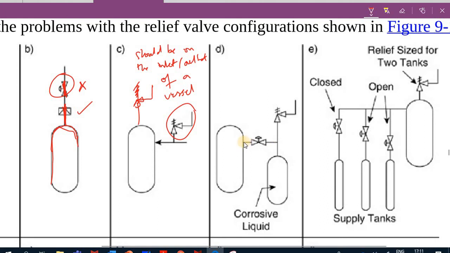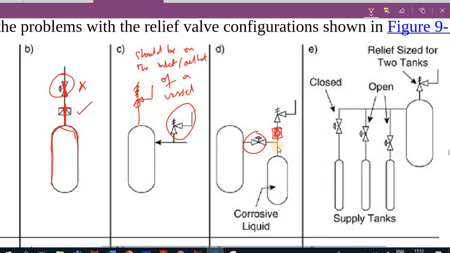Any blocking of the relief valve is a problem. This relief valve should be sitting here, and I have another one here. The other thing that I can see is that this is a corrosive liquid, and since it's a corrosive liquid, you need to put a rupture disc here before it goes to the spring one, so it becomes in series with it. Okay, so that is for part D.